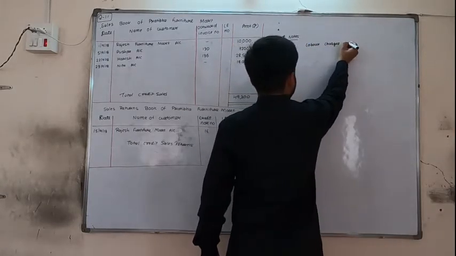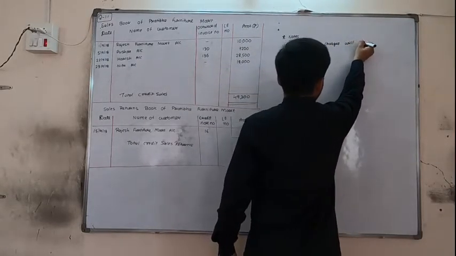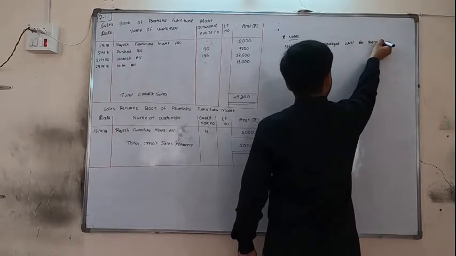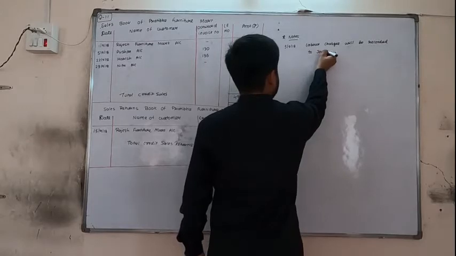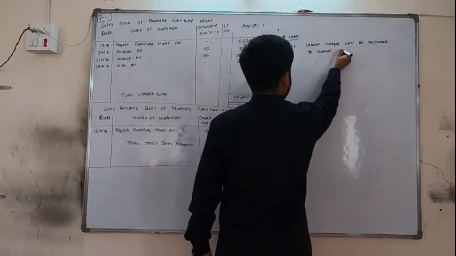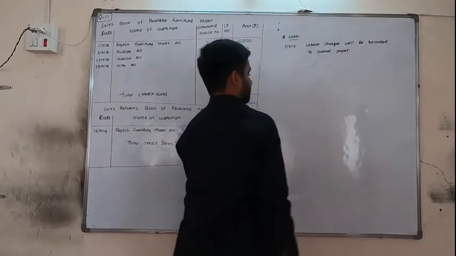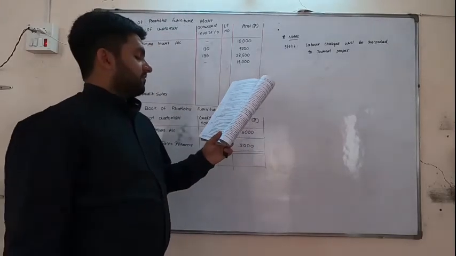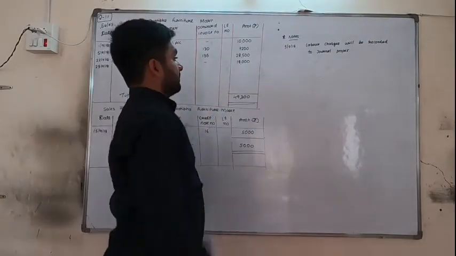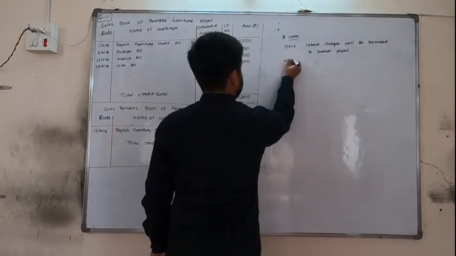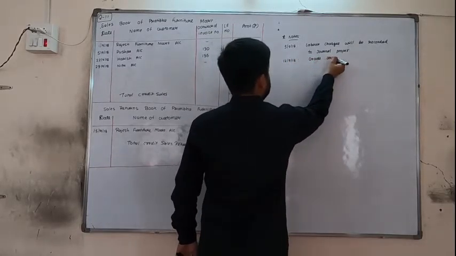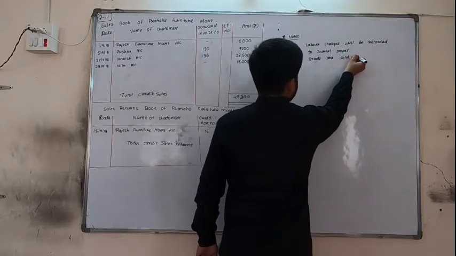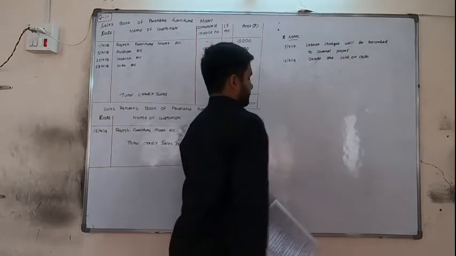Labor charges will be recorded to journal proper. Then first, fifth, 12th. Now 12th we have not recorded. 12,980. Goods are sold on cash.